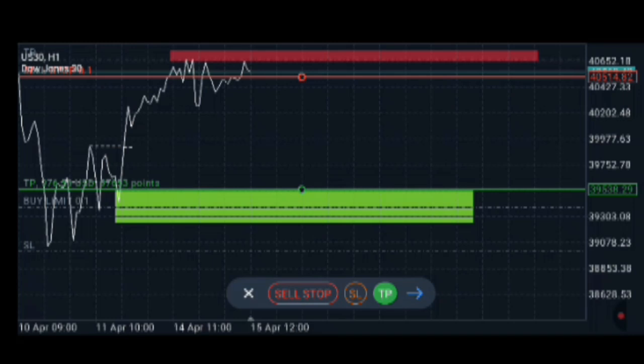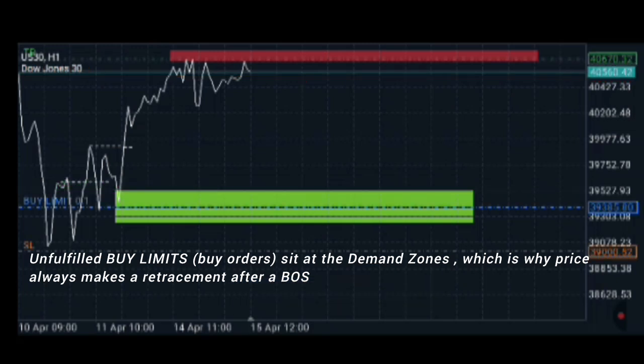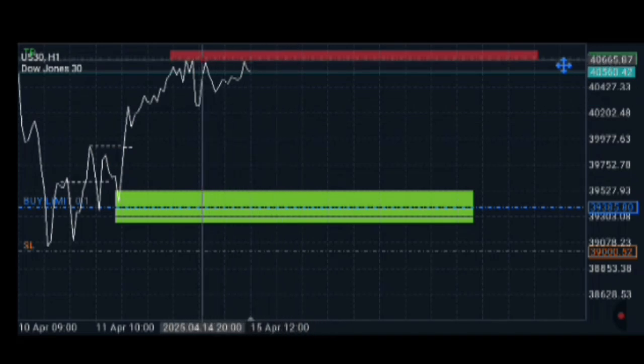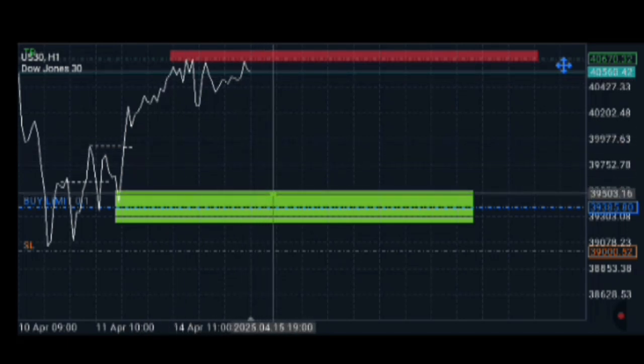Right before breaking that last rejection high point with 4 rejections, price would have to trigger buy orders at this demand zone, meaning those unfulfilled buy orders are waiting to be fulfilled by this upcoming sell move, and break above those 4 high rejection points when it comes and then reverses from this point.